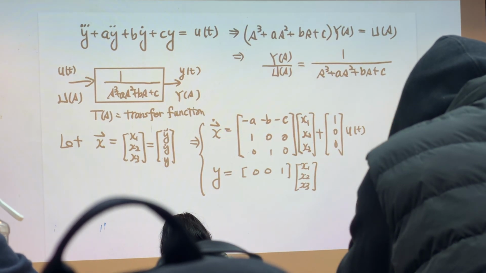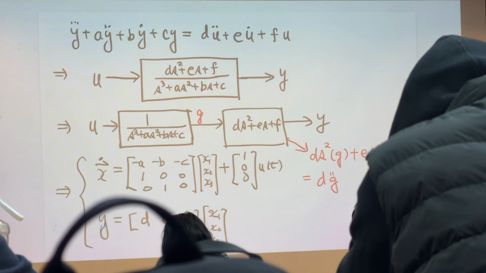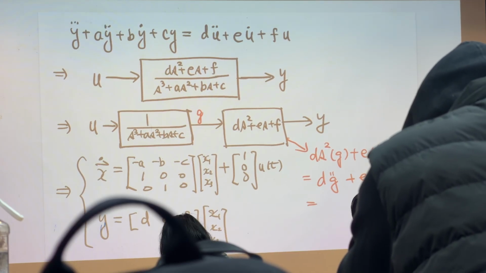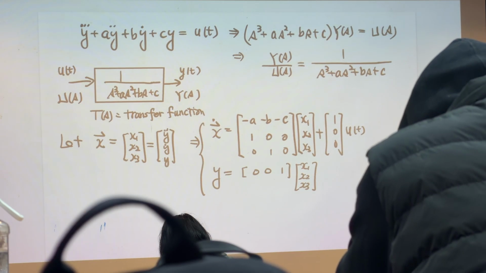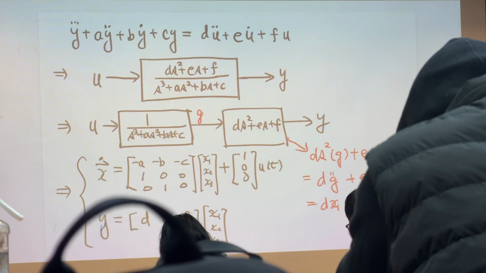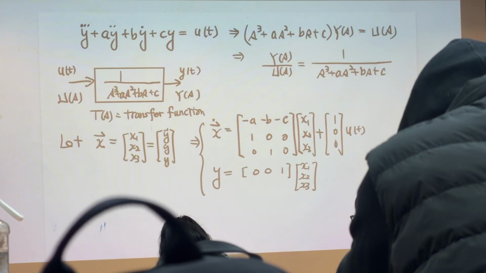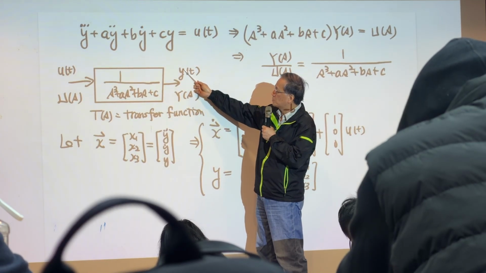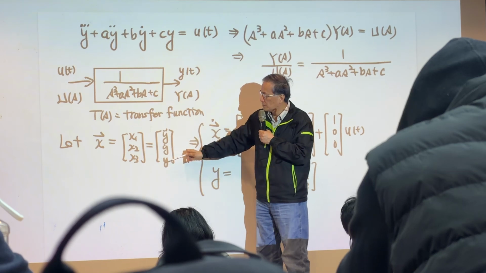So actually, we can write this as d g double dot plus e g dot plus f g. Because we showed you that g double dot actually is x1, this will become d times x1 plus e times x2, right? Because x1 is g double dot.